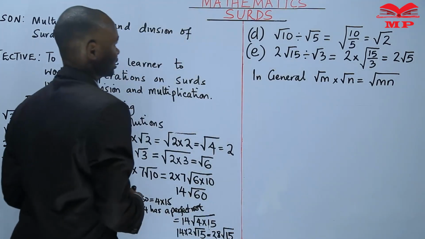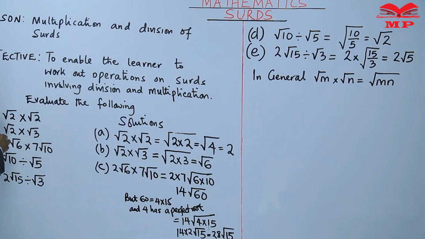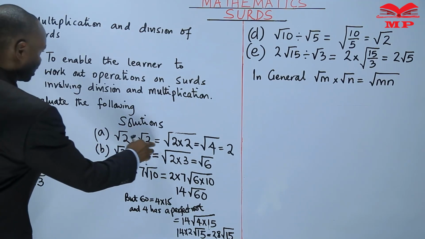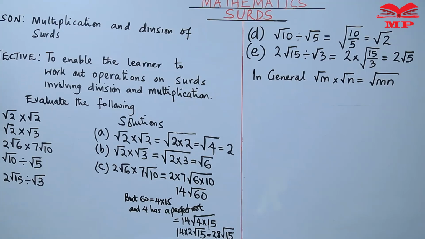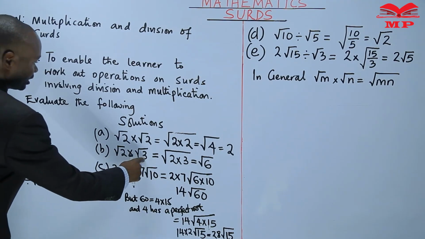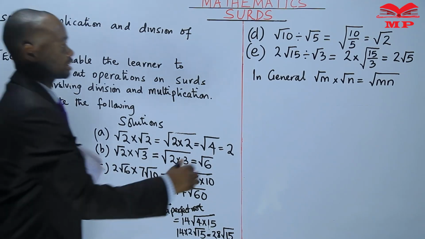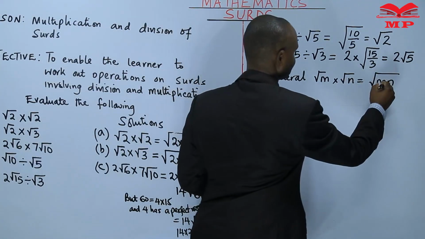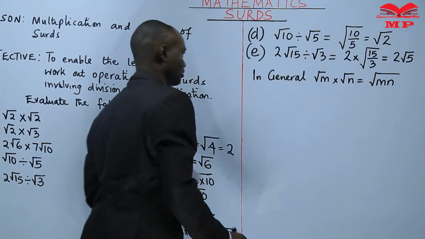Think you understand that? When we had the multiplication, like here, you see how it worked out. It is the same as having all of them in the same bracket. It's the same as having one root sign where under it we have m multiplied by n.